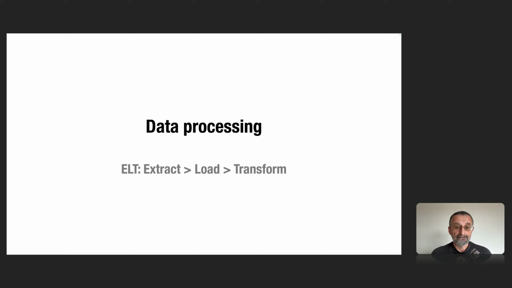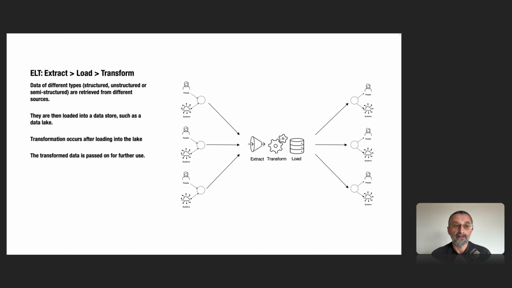Okay. So what to do in case we do not have the capacity to transform the data before loading, to transform the data when it arrives? We may use another philosophy, extract, load, transform.